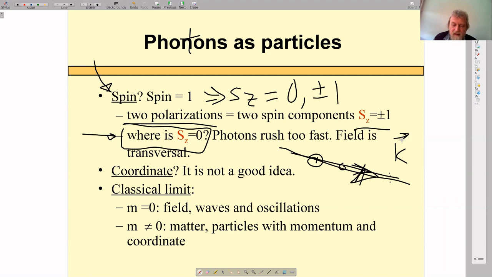So there are relativistic fields which are massless, which don't have any mass. In this case, the classical limit is a limit of a field.